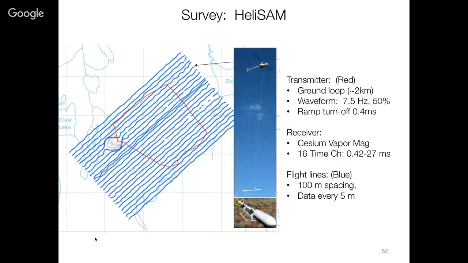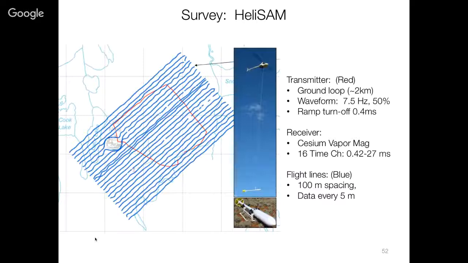But at present, here's a transmitter loop. So it's a couple of kilometers on the side, and they're going to put in a time domain waveform, 7.5 hertz, and use that as your source signal. The receiver is actually going to be a total field magnetometer.